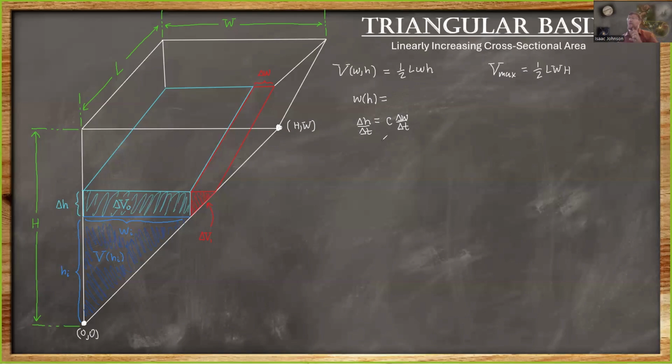Because the height and the width are related by a constant, because they are related by a straight line. I do think that there's probably an easier way to relate them without time involved at all, but I agree with that statement.